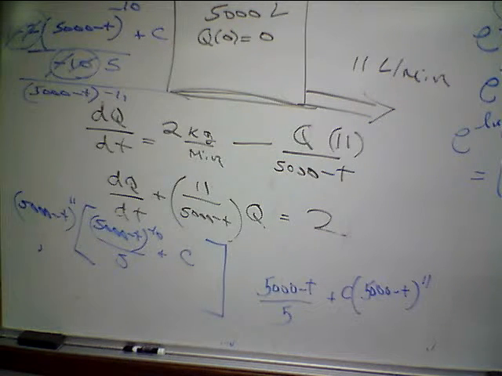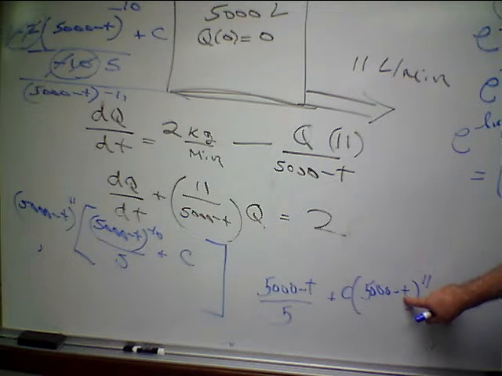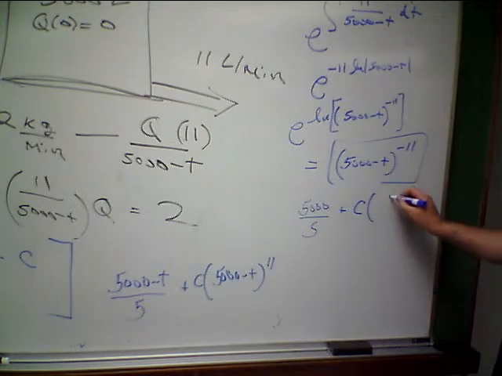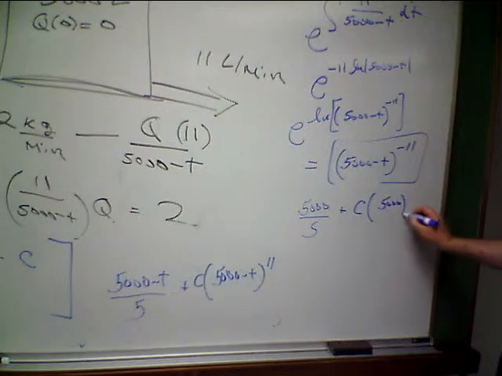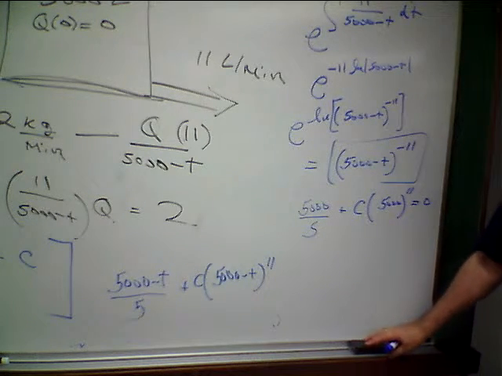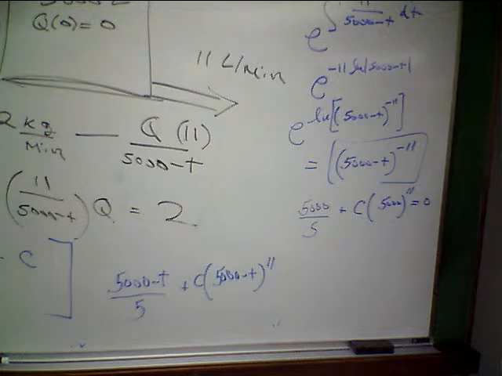So we said t of 0 was 0, Q of 0 was 0. So in other words, if we have 0, what are we getting? 5,000 over 5 plus C times 5,000 to the 11 is 0. What if we call the whole C multiplied by that thing as another constant?